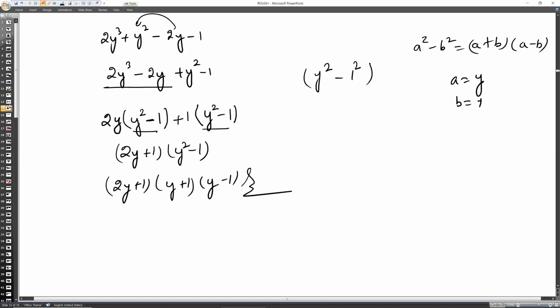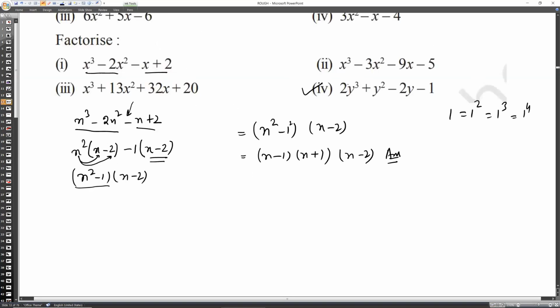Let's move to the next part. If you are going to do this question, let's do x cube minus 3x square minus 9x minus 5. How are you able to solve this one? This type of question is going to bother you. Let's do this one also.